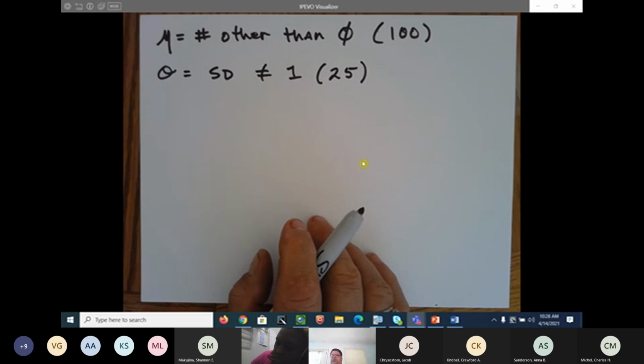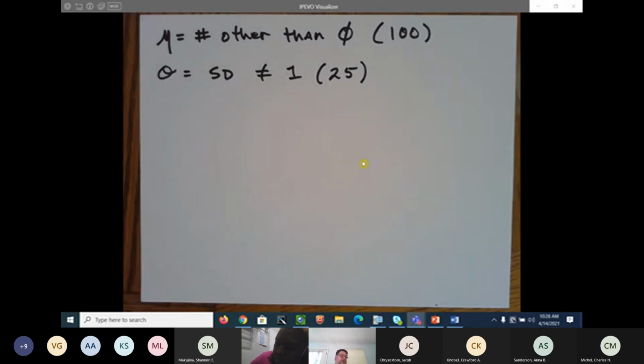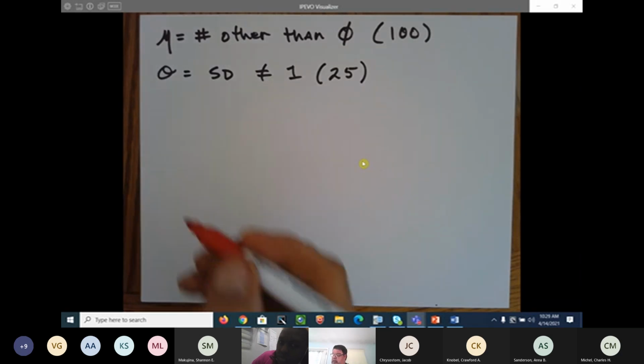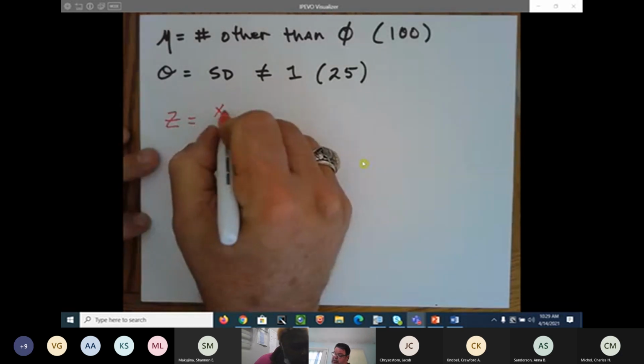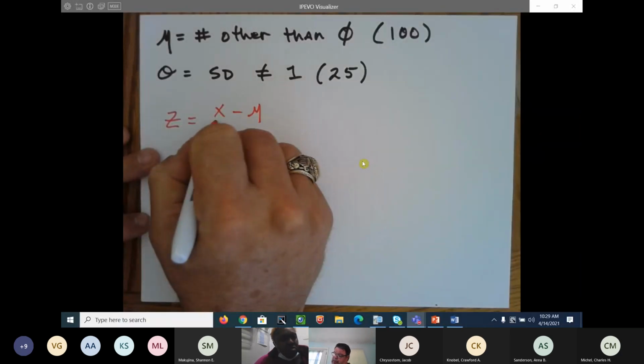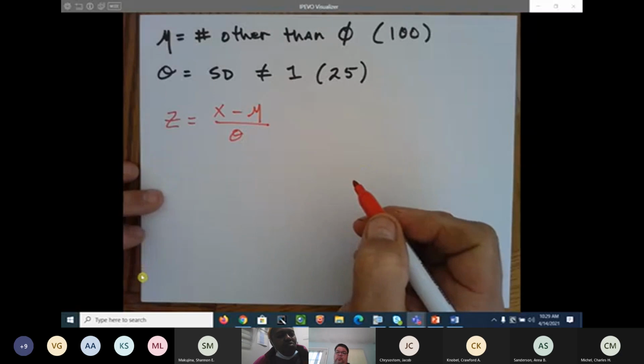Now, some other things that you need to know. You need to know how to change a regular number into a z-score. So this is red. And that is z is equal to x minus mu over standard deviation.